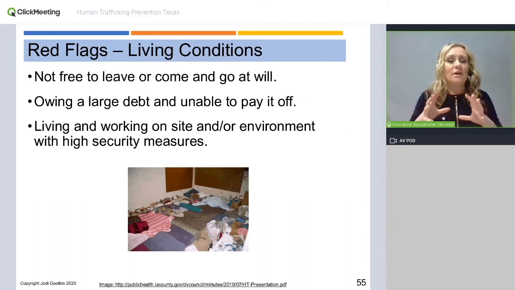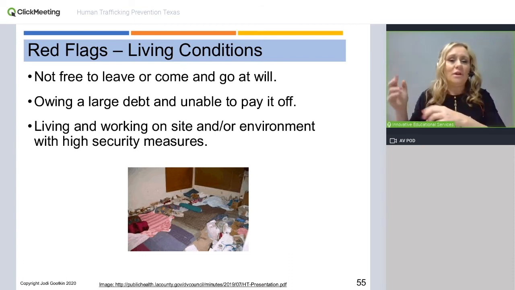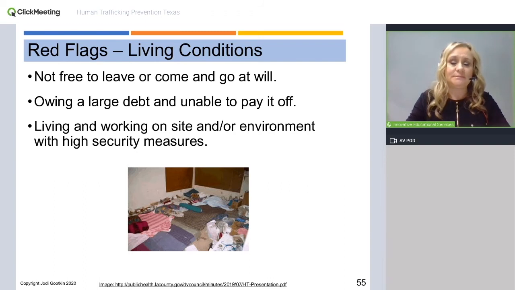So the employer provided so low of a salary, charged such high cost for all of these life expenses, that the individual was never able to pay off that debt.